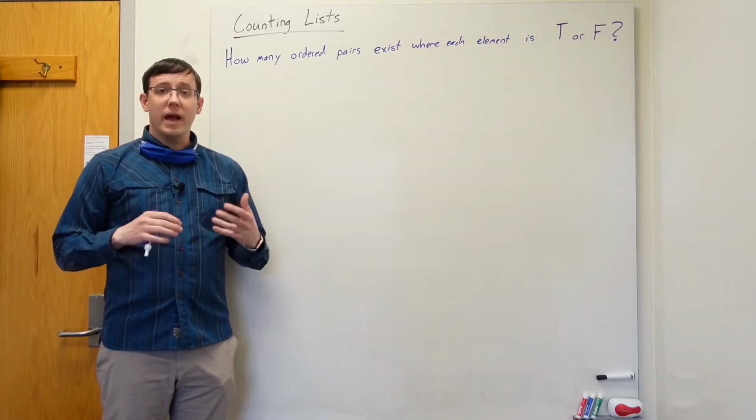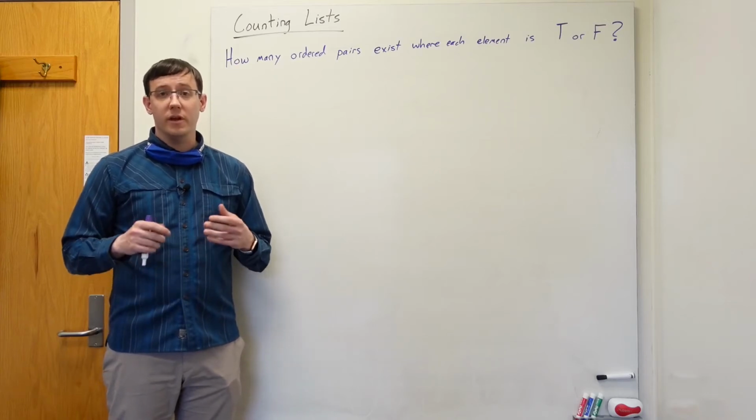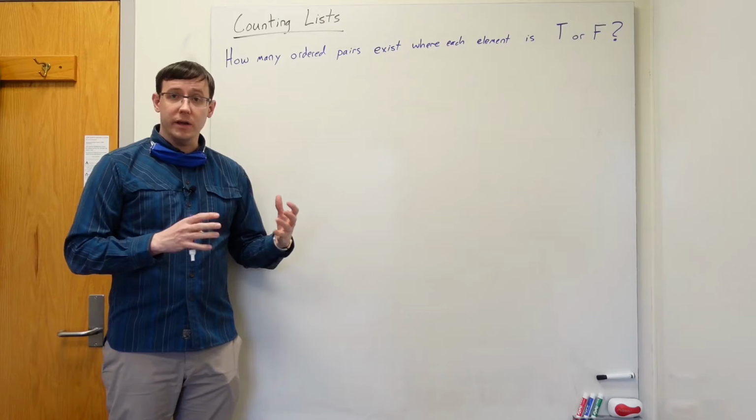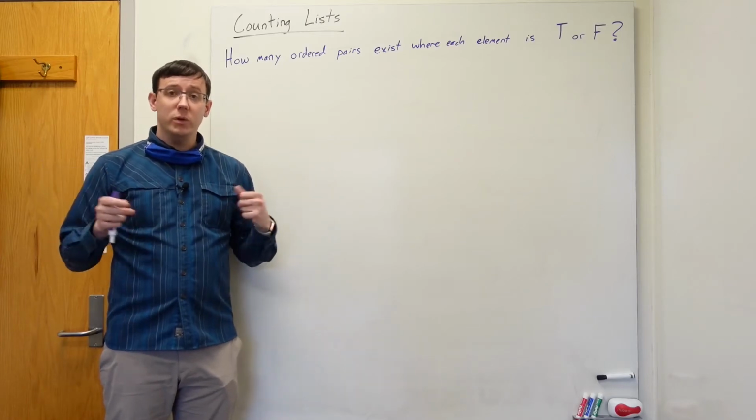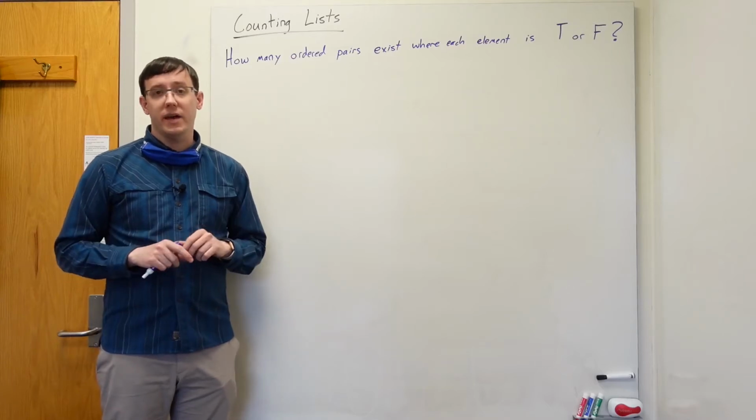If we want to count all of the lists with a certain property, it often helps to think about, either concretely or in the abstract, how we would write down all of the lists that satisfy that property.